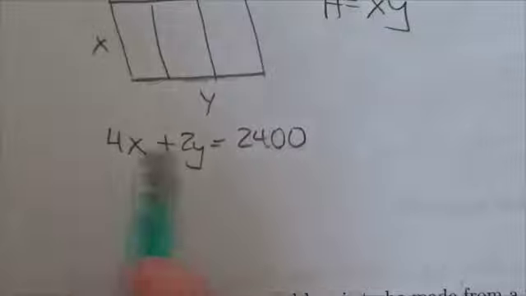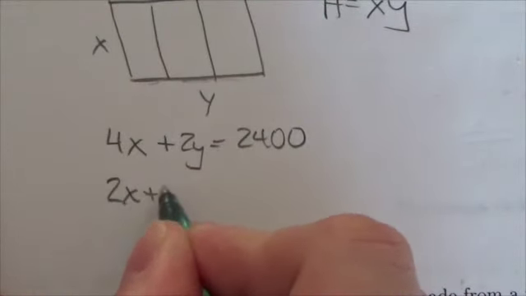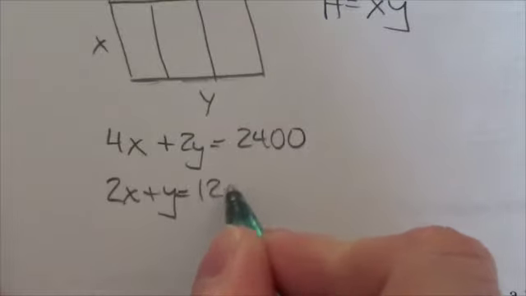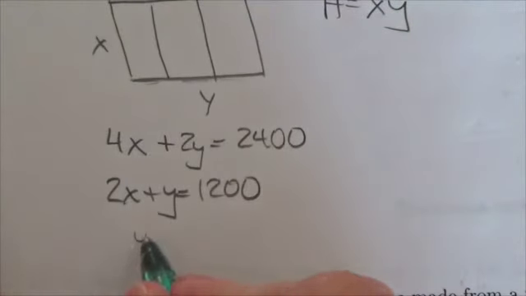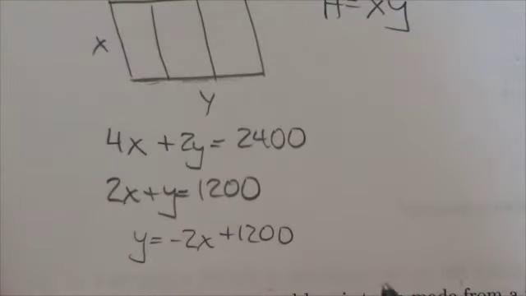Now we're pretty lazy here, so let's divide everything through by 2 to get 2x plus y is equal to 1,200. So y is equal to negative 2x plus 1,200.